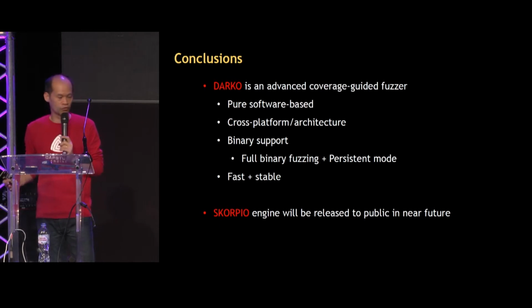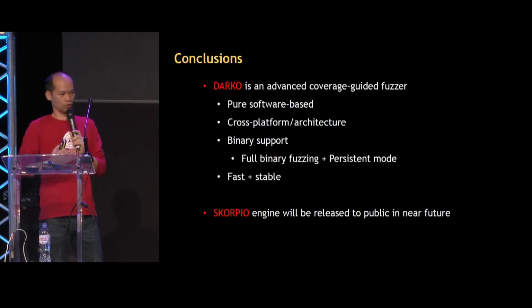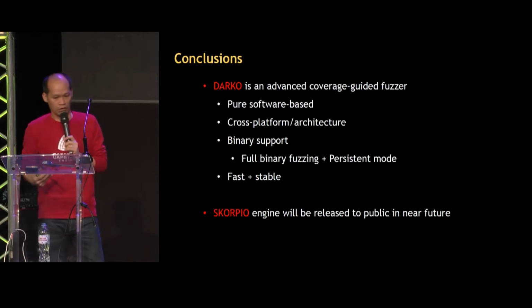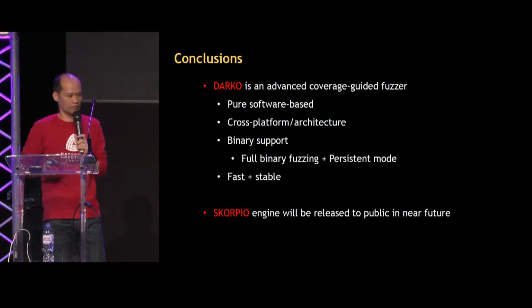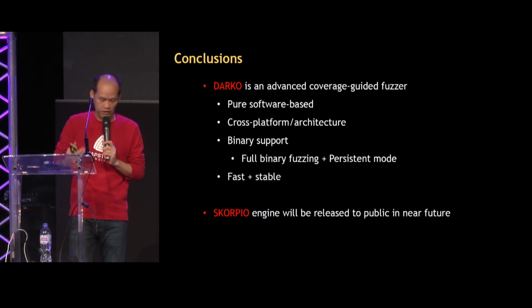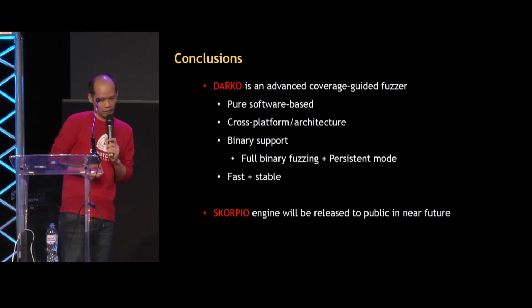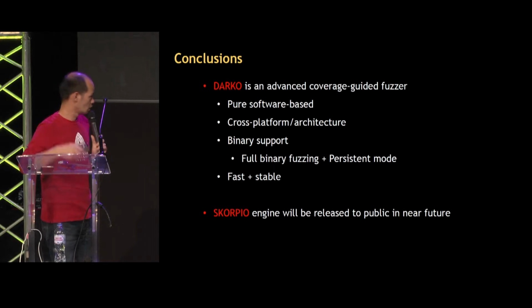So you can fuzz full binaries like what I showed before, and also we support persistent mode, so you can fuzz a part of the binary, not the whole binary. And Darko proved to be very fast and very stable, and we really found some bugs so far. We are still working on that. We hope to report a lot more bugs in the future.